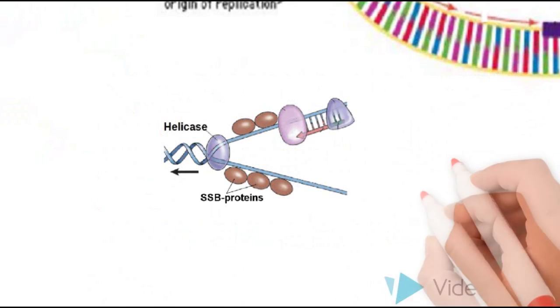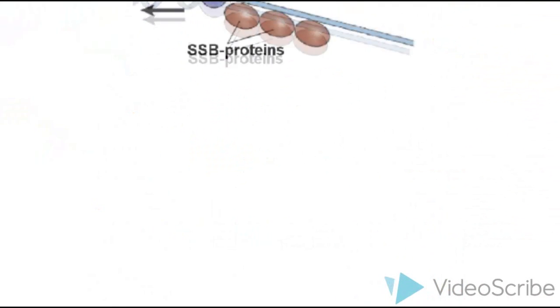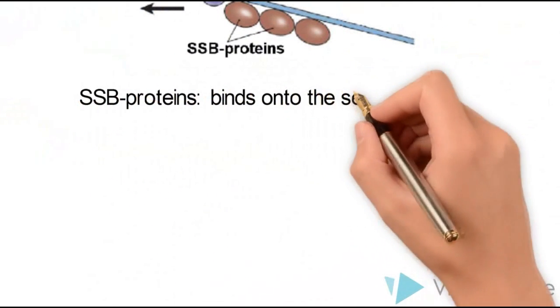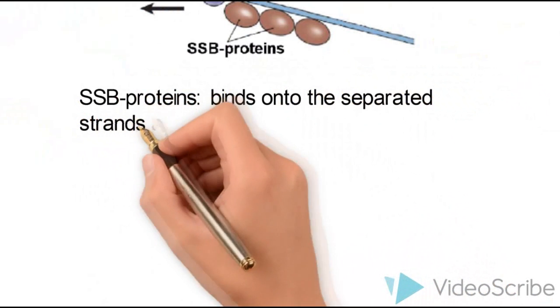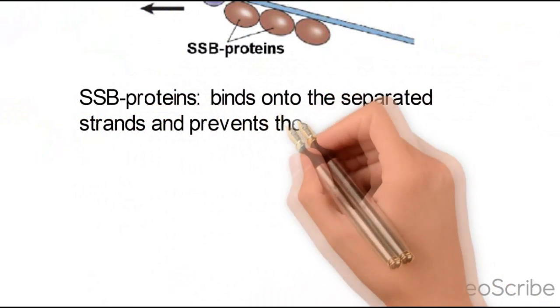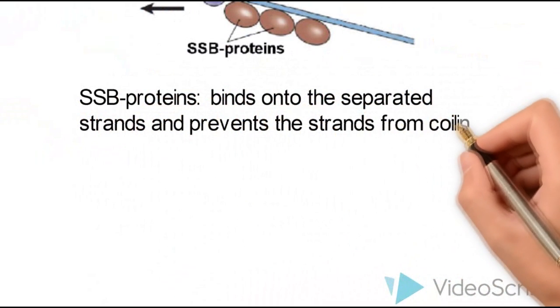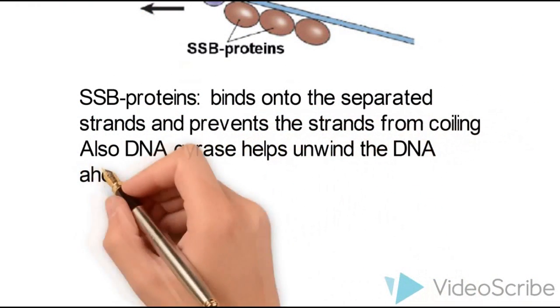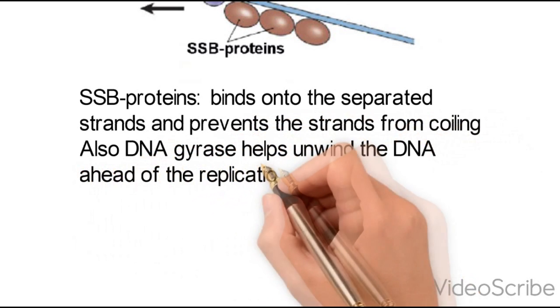Here you see a helicase and SSB proteins. So SSB proteins bind on the separated strands and prevent the strands from coiling. Also, DNA helicase helps unwind the DNA ahead of the replication fork and prevents it from coiling.